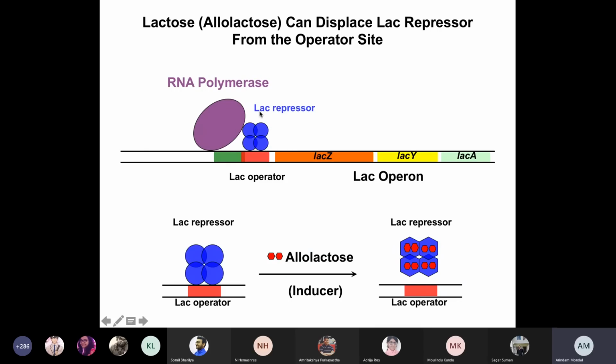That means more RNA polymerase can sit onto the lac promoter to initiate the transcription process. So the entire process will keep on happening in a positive feedback loop.